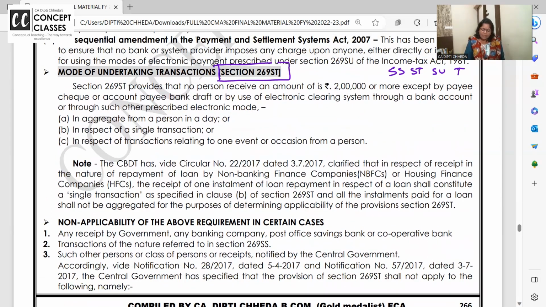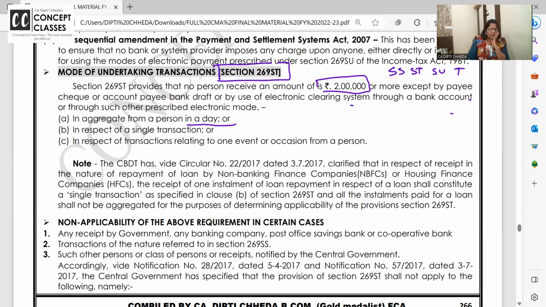269ST provides that no person shall receive an amount of 2 lakh or more except by account payee cheque, draft and so on, in aggregate from a person in a single day. Do not take more than 2 lakh cash in one day. Ma'am, you already gave the 20,000 limit. That was for loans and all.